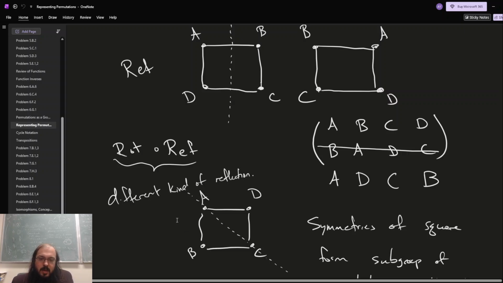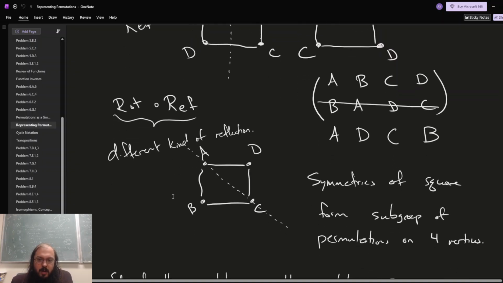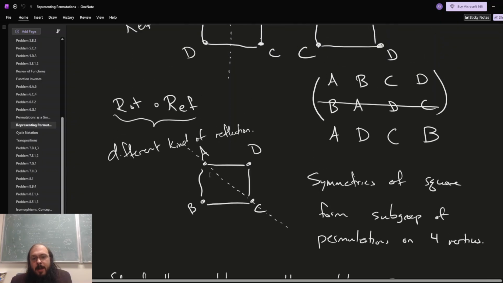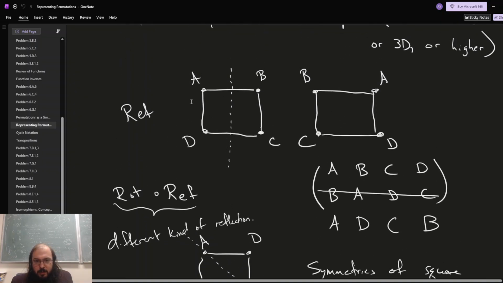And so we could ask ourselves, what kind of symmetry is this? Is this something that we already know about? Is this a group? And the answer is yes, the symmetries of a square do form a group. They are a subgroup of the permutations with any four symbols. And the reason it has to be a subgroup is because some permutations are not possible. So, for example, let's look at this one, because here the letters are in order, easiest to see.